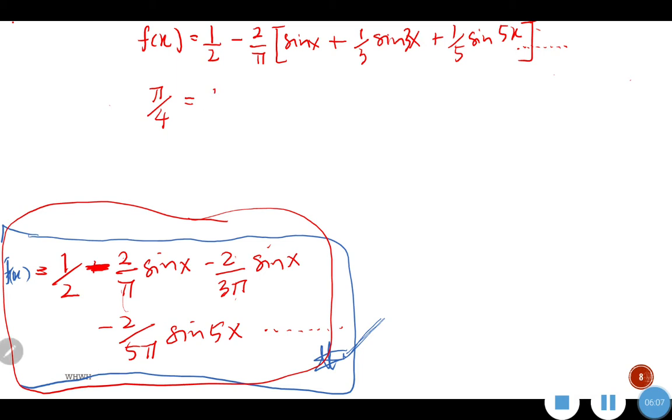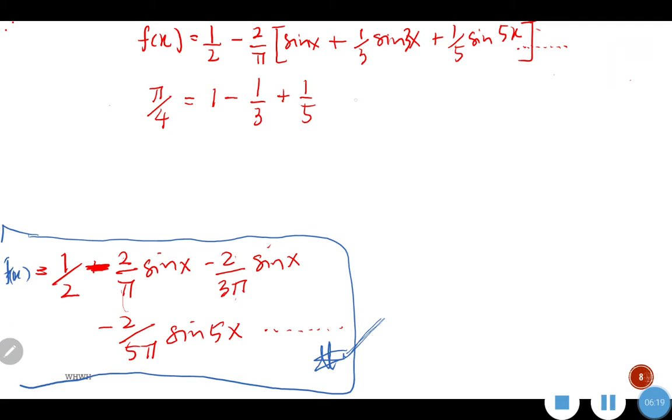So, equals to 1 minus 1/3 tambah 1/5. Betul ke? Tambah satu lagi term kat sini. Tolak 1/7. Alright. Tambah dot kan.